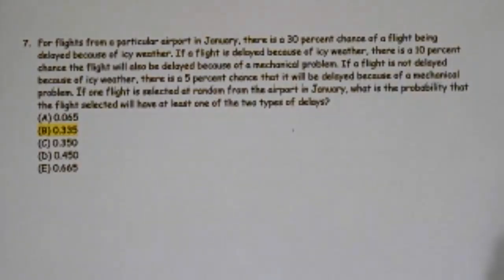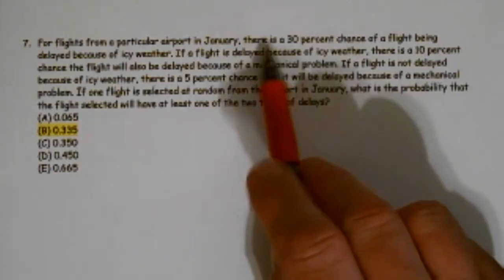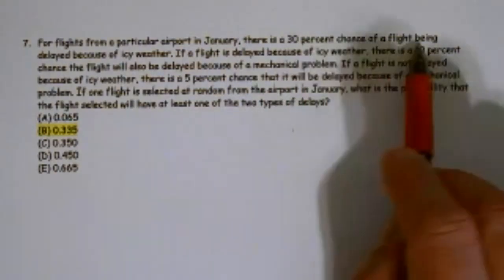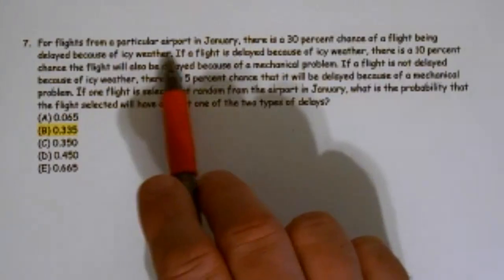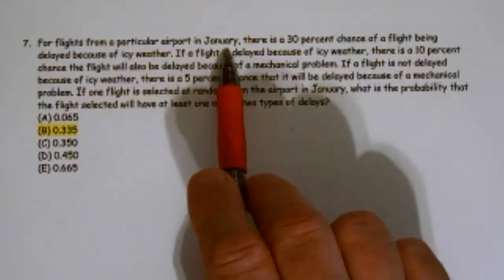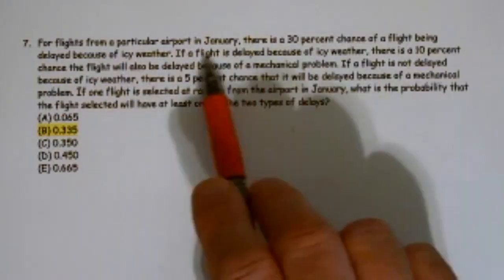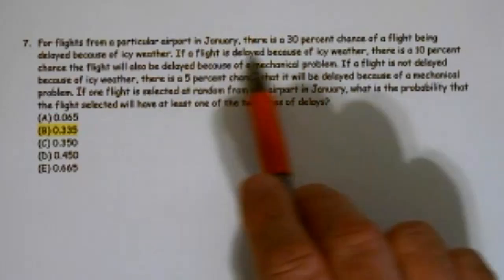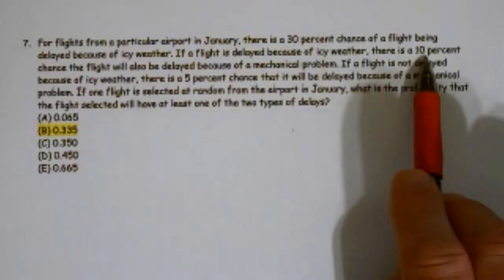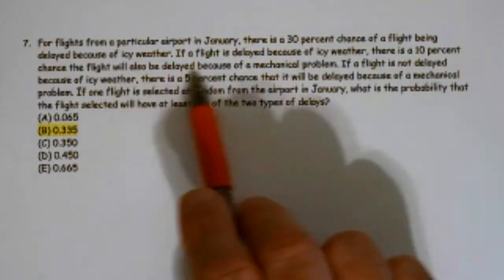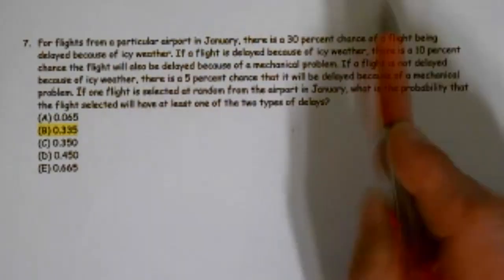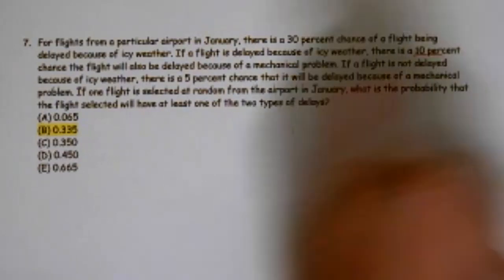But if it's associated with 2 variables, we can't. So there's a 30% chance of a flight being delayed because of icy weather. If a flight is delayed because of icy weather, there's a 10% chance that it will be delayed because of mechanical problems. So here we have 2 different things.